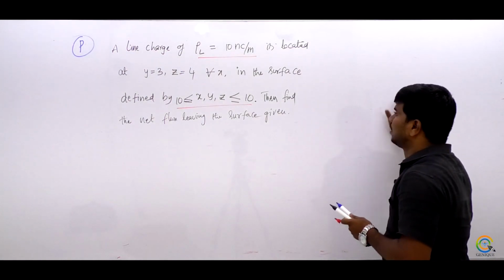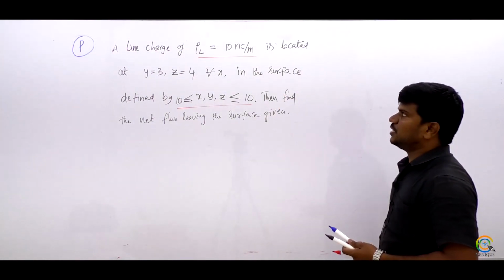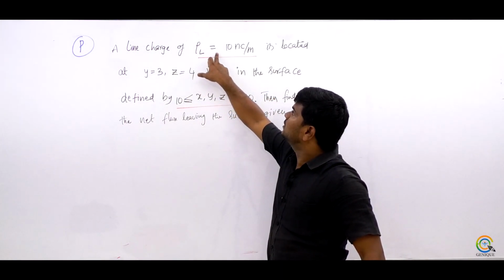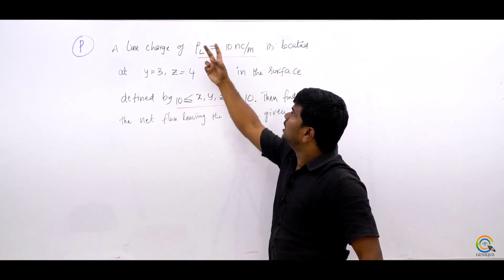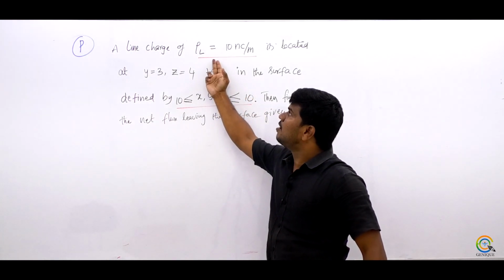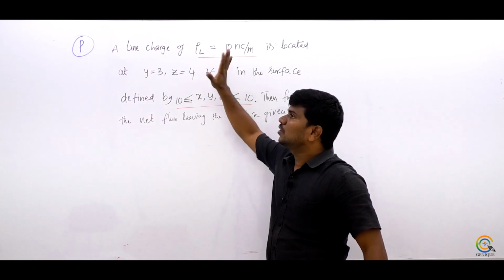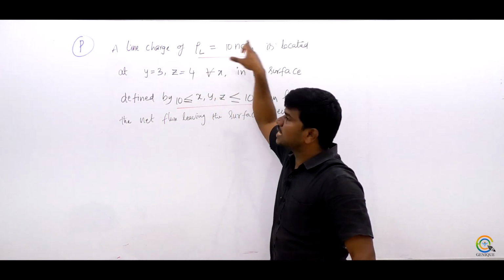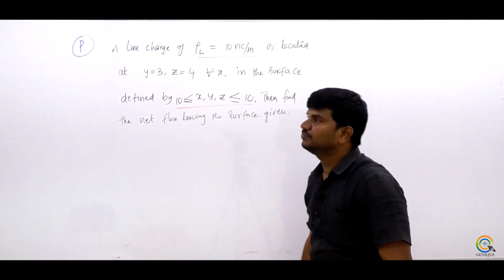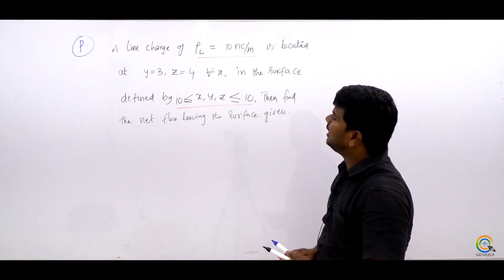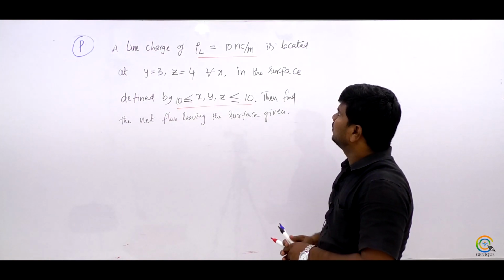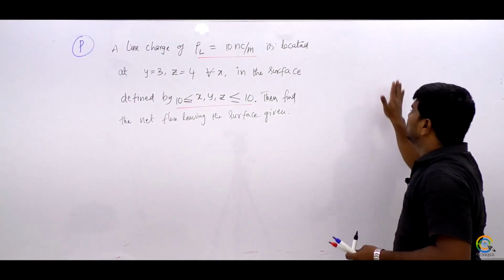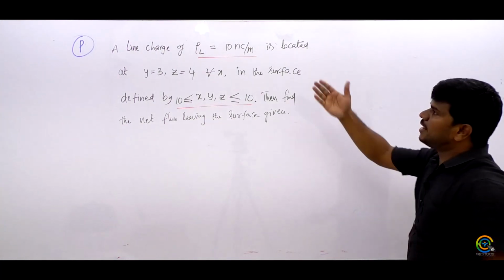Now how to visualize this question? The line charge is rho L, and it is not mentioned as a finite length charge. Unless you mention a finite length charge, you assume the charge to be of infinite length only. Now observe this.